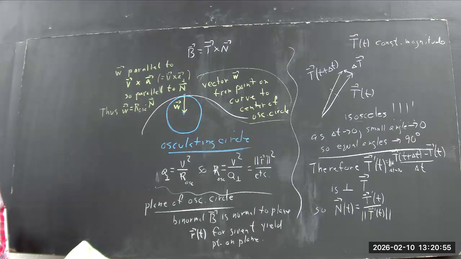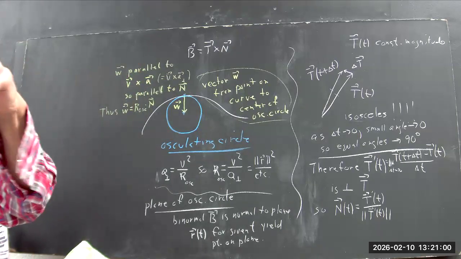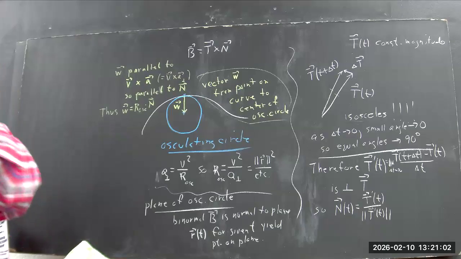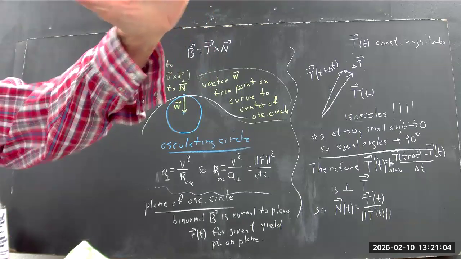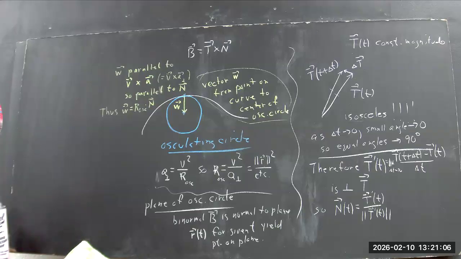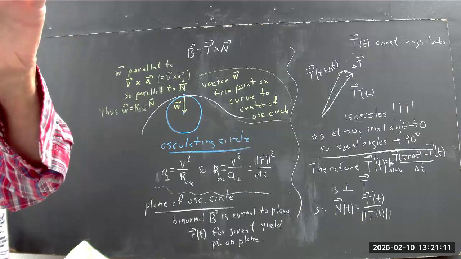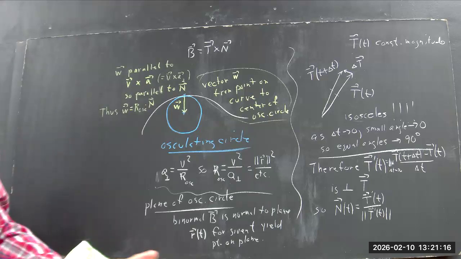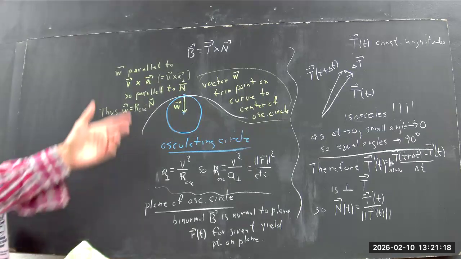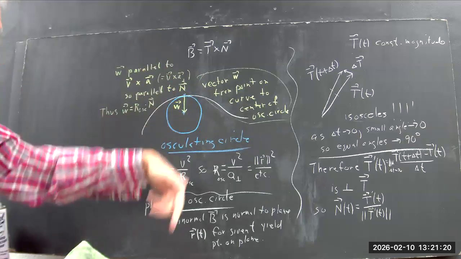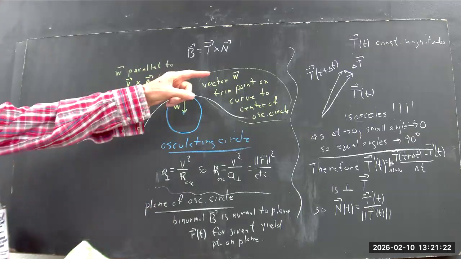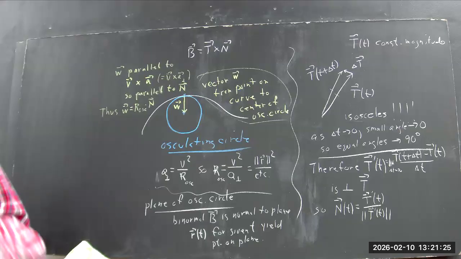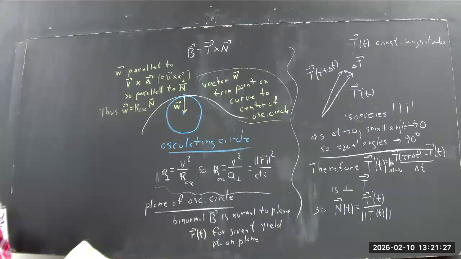Does that make sense? Except that the normal vector is in the plane of motion at that time. The whole osculating circle is in that plane, so the vector from here to the center has to be in that plane. Okay? And it's perpendicular to your motion, so it's parallel to the normal vector. It's perpendicular to your tangent vector. It's in the plane, so it's parallel to the normal vector.